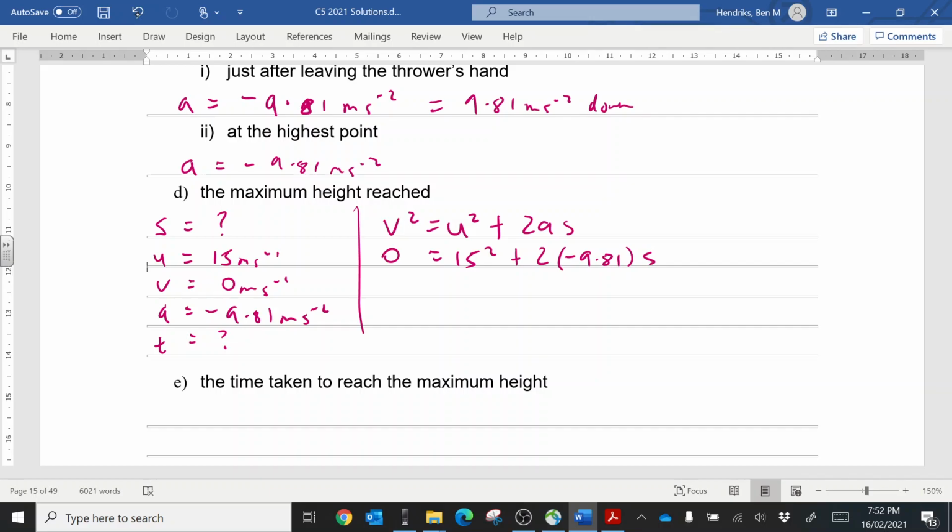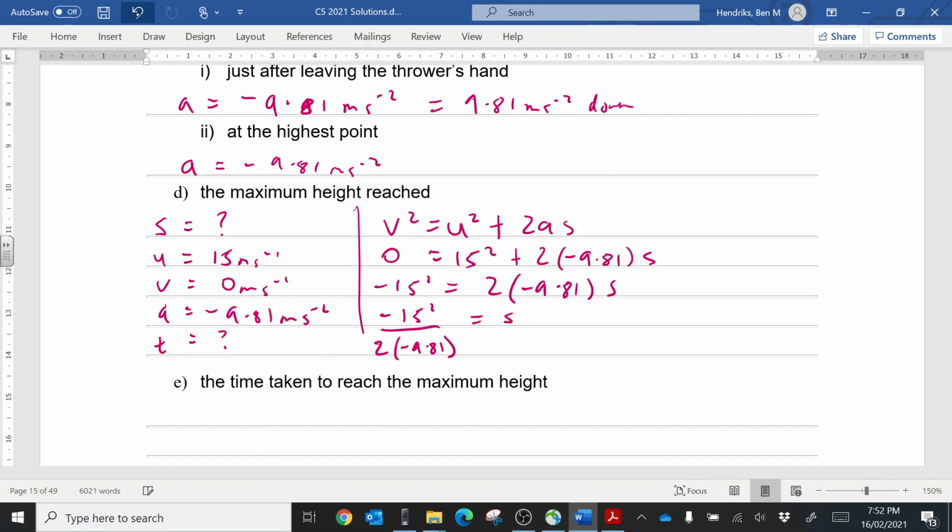Alright, so let's take away 15 squared from both sides. Negative 15 squared equals 2 times negative 9.81 times s. I'll do it all in one step. So now we have to divide by 2 times negative 9.81. So our answer for s will be negative 15 squared divided by 2 times negative 9.81.